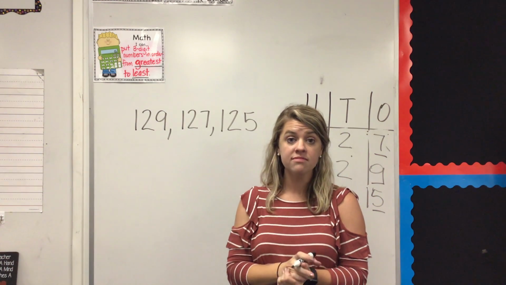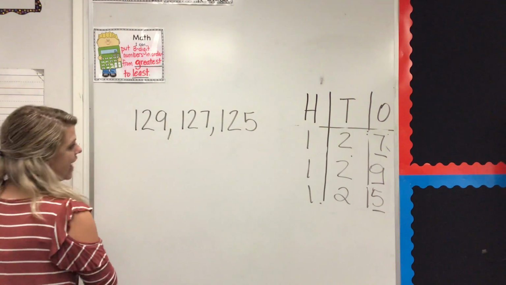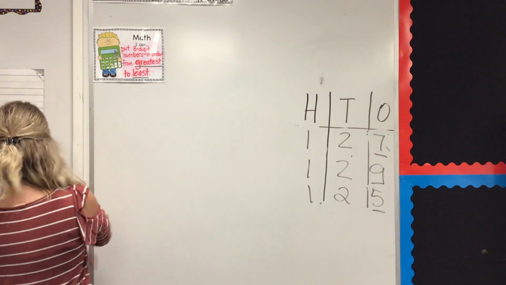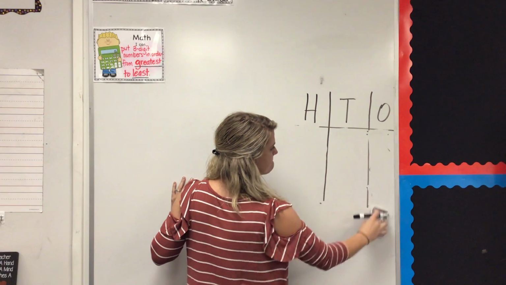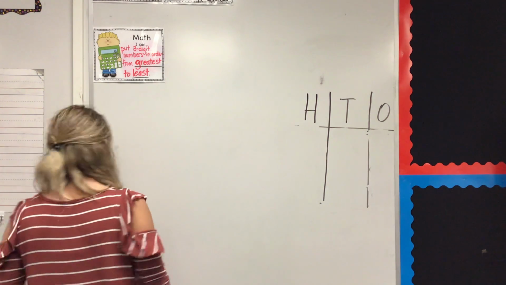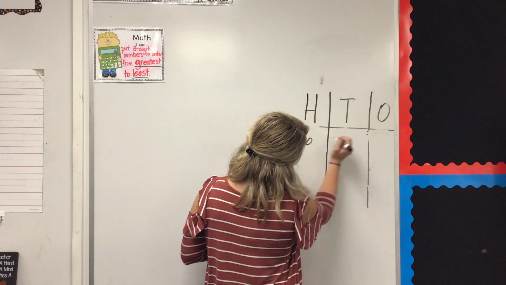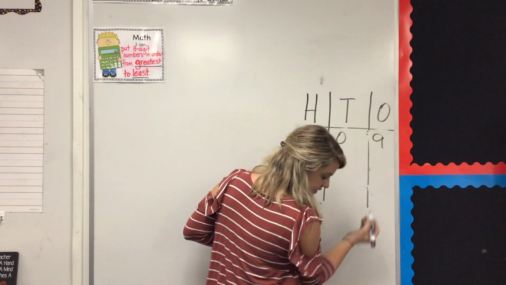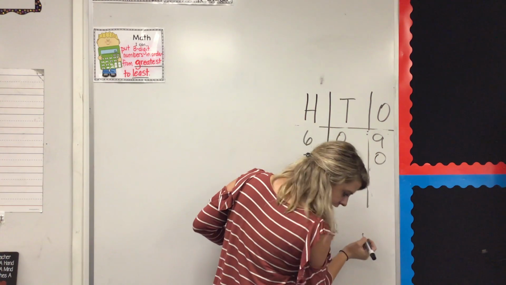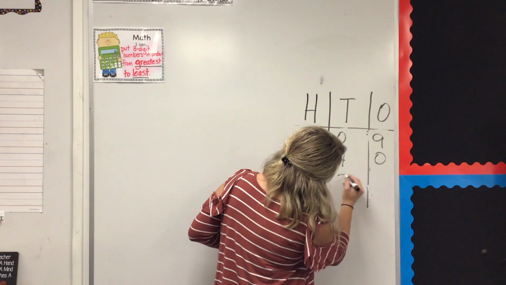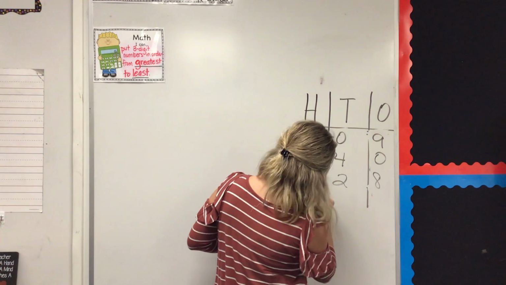Okay? Now, go ahead and grab your whiteboard. You're going to have a chance to practice these skills that we just went over on your whiteboard. So grab your whiteboard and come on back. I'm going to go ahead and write our numbers down on the board. 609, 740, 628, and 435.